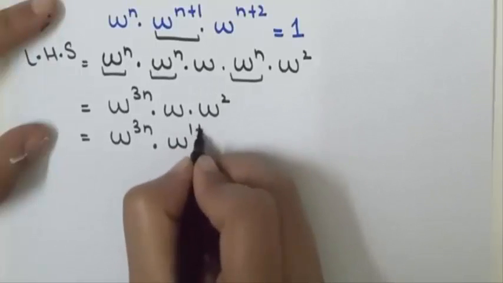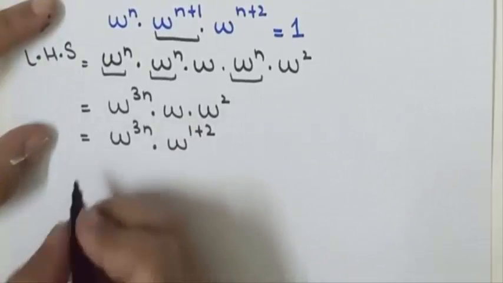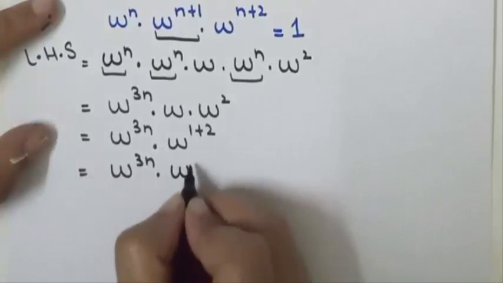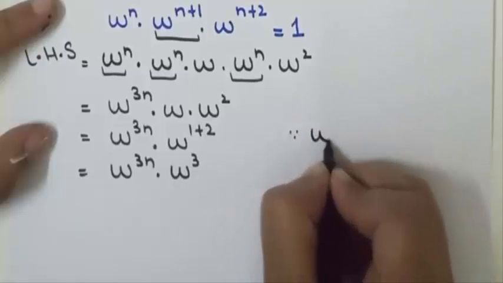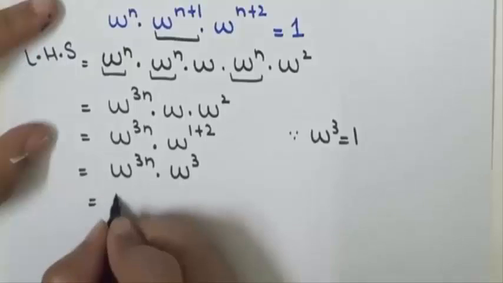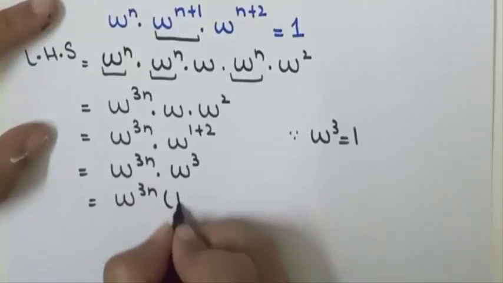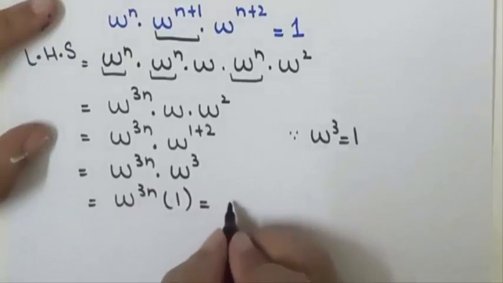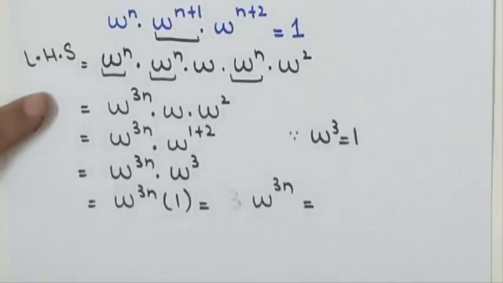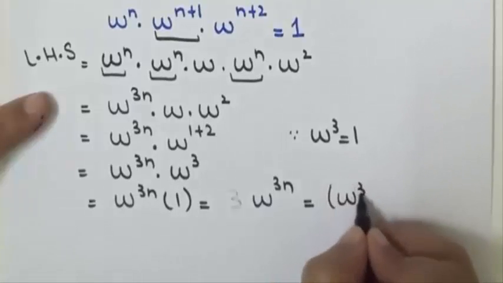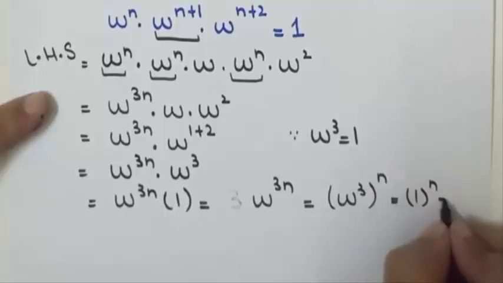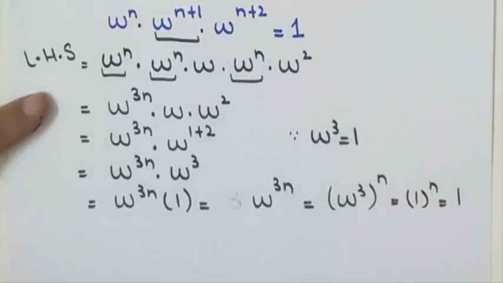So this is 1 plus 2. Omega 3n into omega 3. Omega 3 is equal to 1. So omega 3n into 1. This is omega 3n. Now we can write omega 3 raised to power n. Omega 3 is 1 raised to power n, and this is equal to 1.